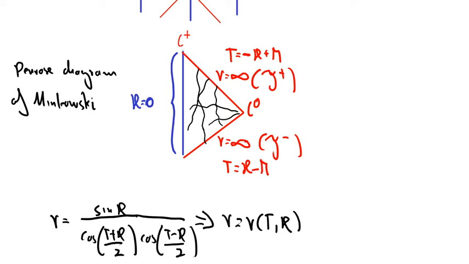future time-like infinity and past time-like infinity. Well, I'm not going to say much about this because this was already discussed in the lecture about Minkowski. I only want to stress here that all that information can be extracted by looking at this two-dimensional diagram.